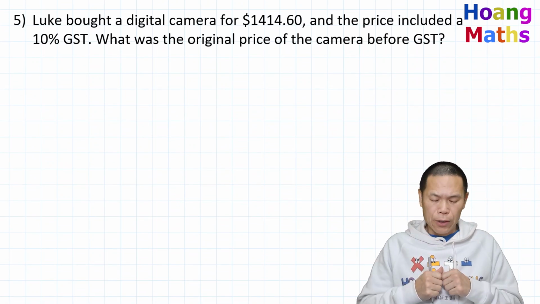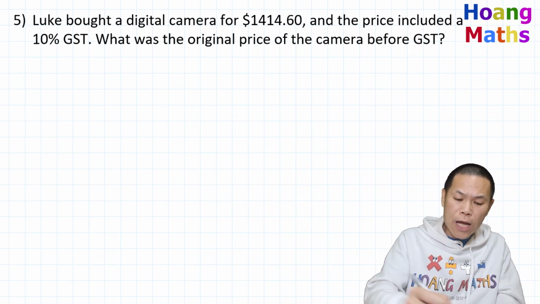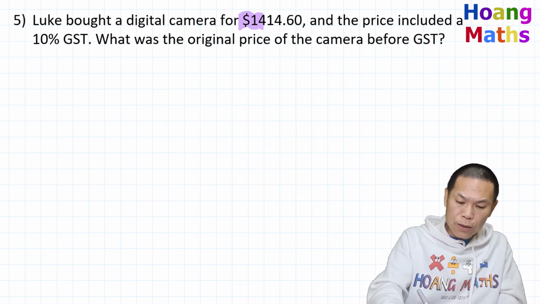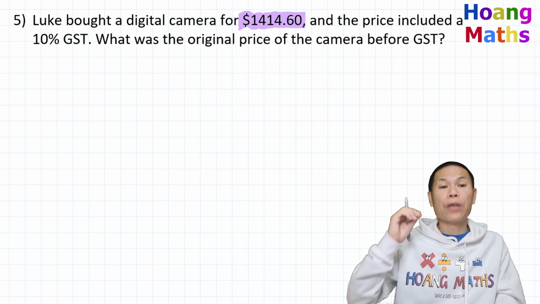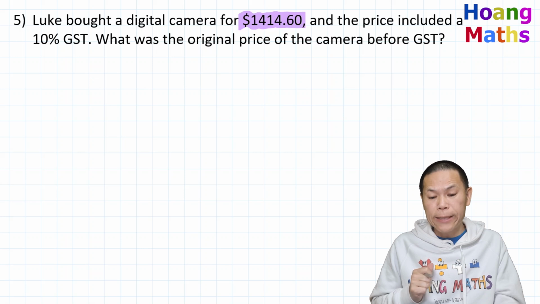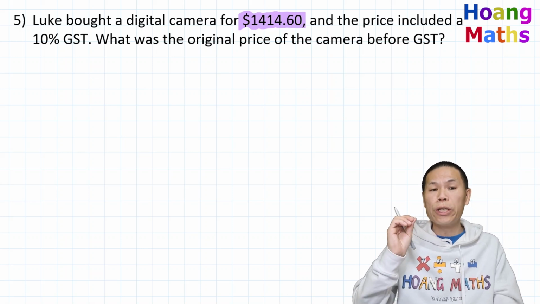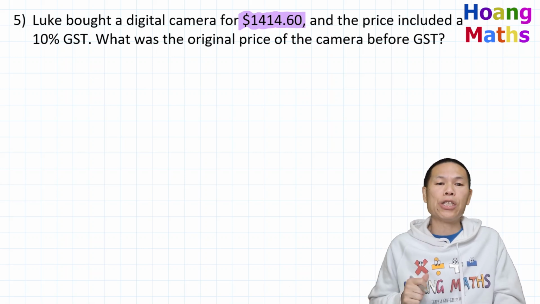Question 5. We know that the camera costs $1,414.60. That is the price including tax, 10% GST.